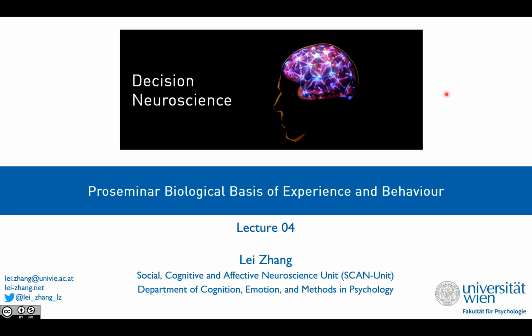We also then moved to the real neuroimaging technology. So we talked about the EEG and the MEG. We put the EEG and MEG together because they are similar, but they are also different. Similar in the sense that they have high temporal resolution and relatively low spatial resolution.